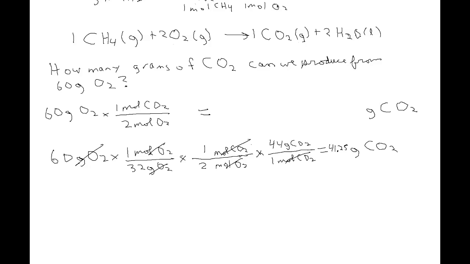No. From the periodic table, this would be 16 grams of CH4, but 32 grams of O2. That's the reason why you can't say that moles are equivalent to grams in this equation. Just because it takes twice as many moles of O2 as CH4 doesn't mean it takes twice as many grams, because they have different molecular masses.